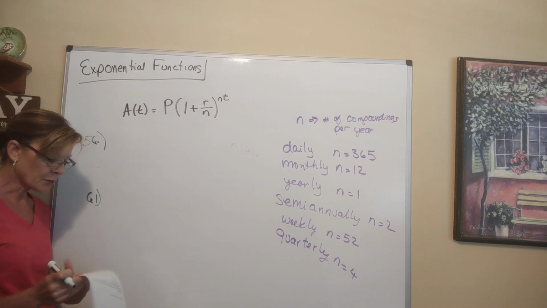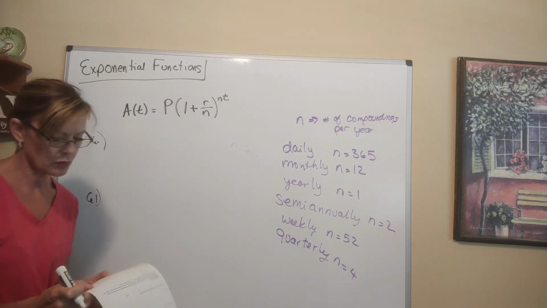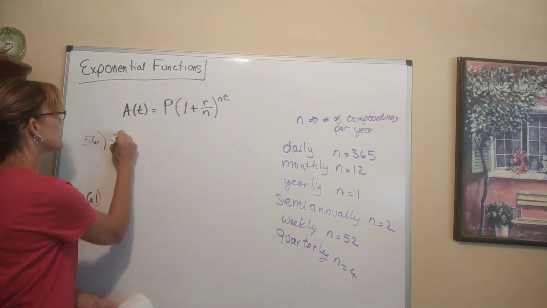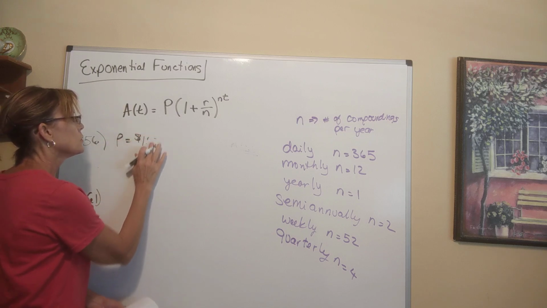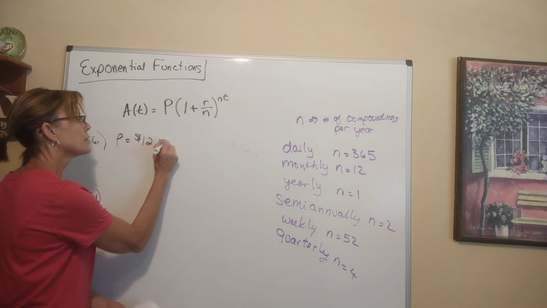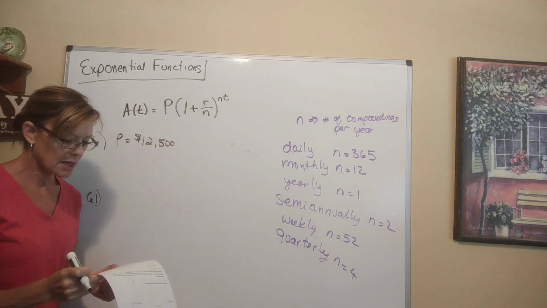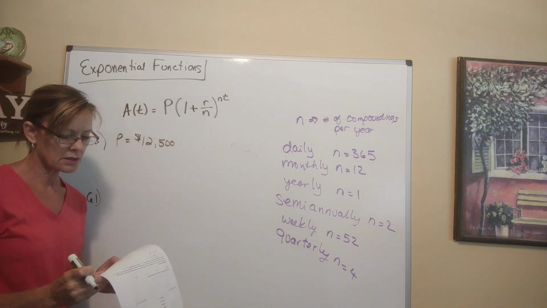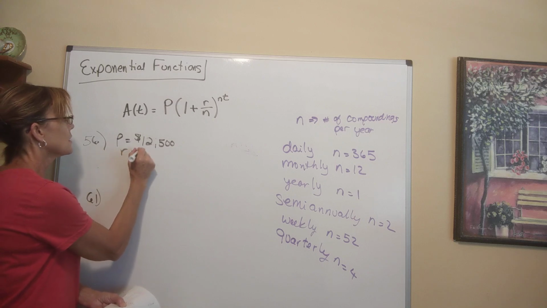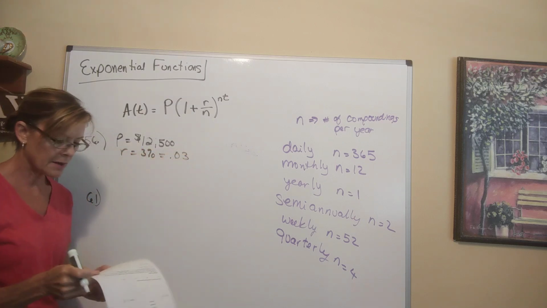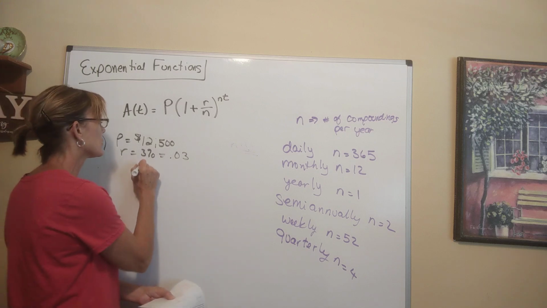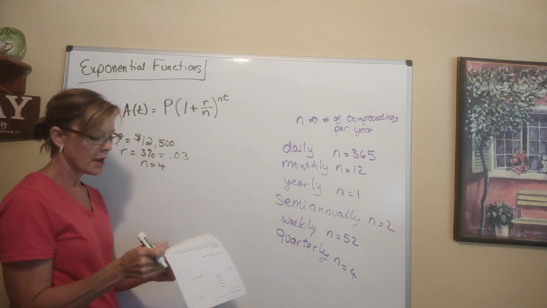For 56, they say that the principal is equal to $12,500. And then it says that the interest rate is 3%. So 3%, but we always calculate in decimal, 0.03. It says it's compounded quarterly, so n is 4.